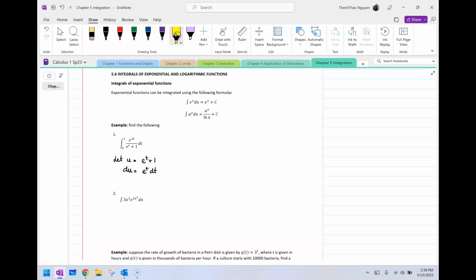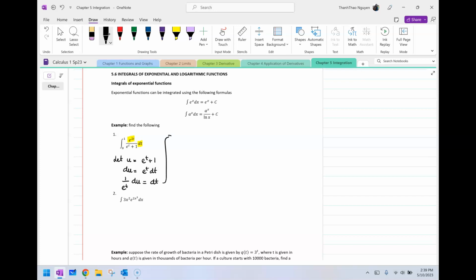Now looking at our integral, we have e to the 2t, right? And we have dt. So let's go ahead and solve for dt. This means 1 over e to the t du is equal to dt.